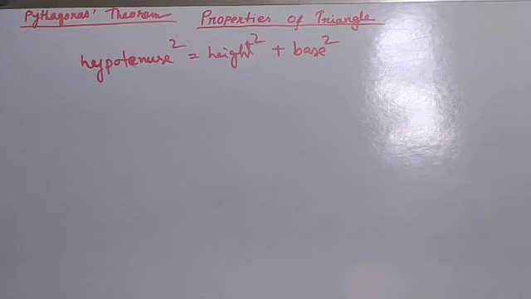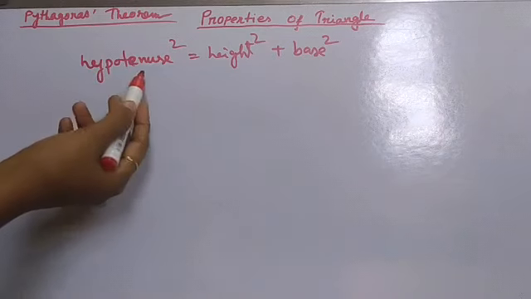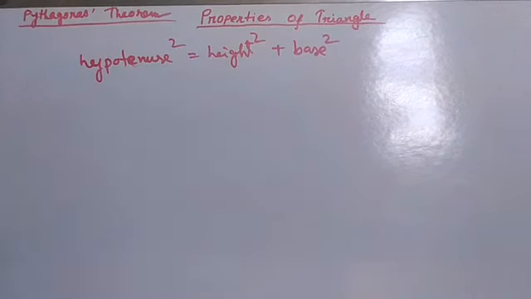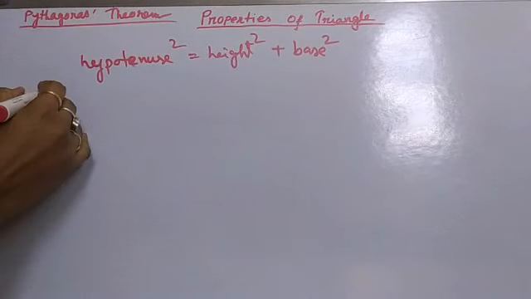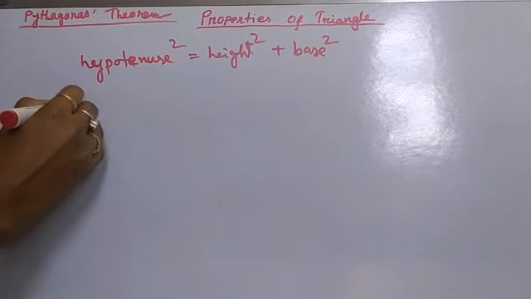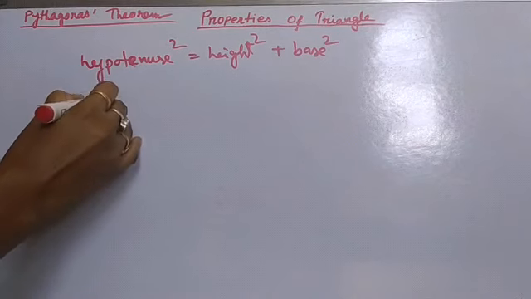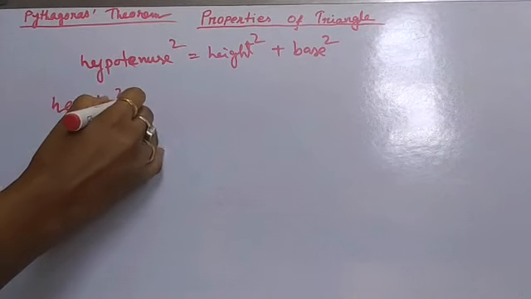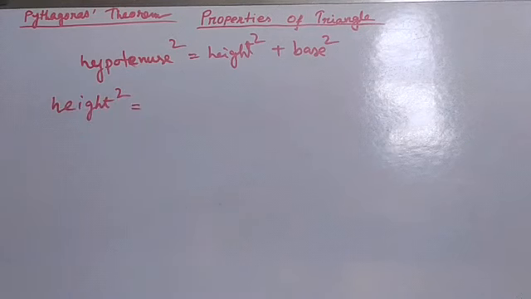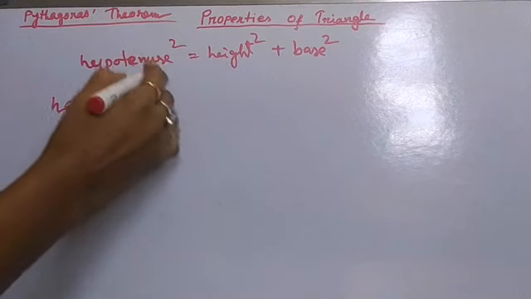Here one thing more I will discuss. The theorem is hypotenuse square equal to height square plus base square. If height is to be found out, then height square equals what?